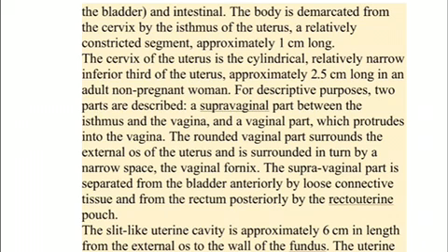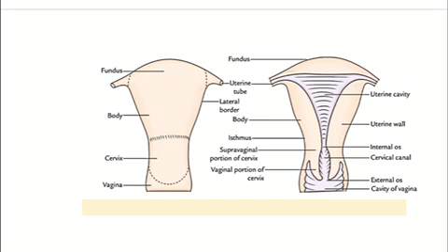When you look at the cervix, it has two parts. It has a supravaginal part between the isthmus and the vagina, and there is a vaginal part of the cervix which protrudes into the vagina. The rounded vaginal part of the cervix surrounds the external os of the uterus and is surrounded in turn by a narrow space, what we call the vaginal fornix.